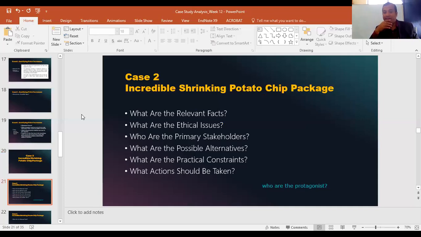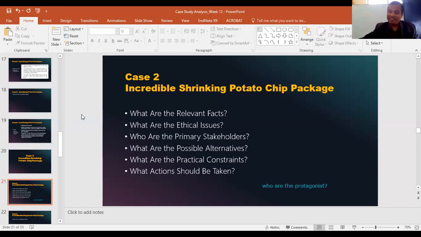So let's go through the case study analysis, and as I said, we have the same points here. What are the relevant facts? What are the ethical marketing issues? Who are the stakeholders? Possible alternatives? Practical constraints? And what is your recommendation or the most appropriate alternative? But before that, who are the protagonists in this case?